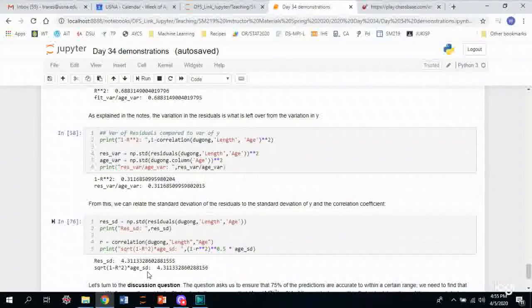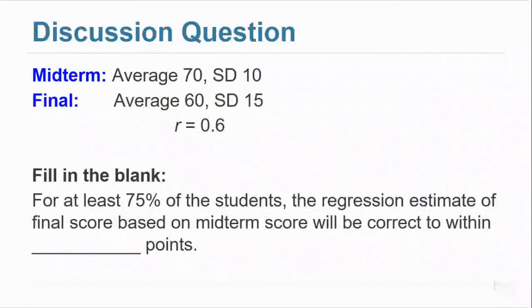Let's go to a discussion question that we can find on the PowerPoint. We're returning to the situation with the midterm, where there was an average of 70 and a standard deviation of 10, and a final. In this case, the average is 60 and the standard deviation is 15. And we happen to know that the correlation coefficient for student scores on the midterm and student scores on the final is 0.6.